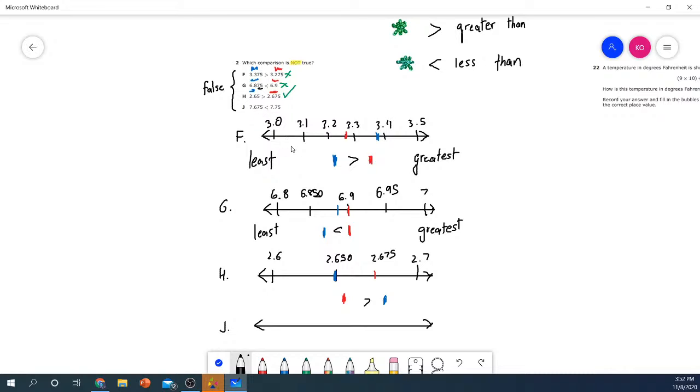7.675 and 7.75. So we can say 7.6 and 7.8. And let's make this blue. Let's make this red.